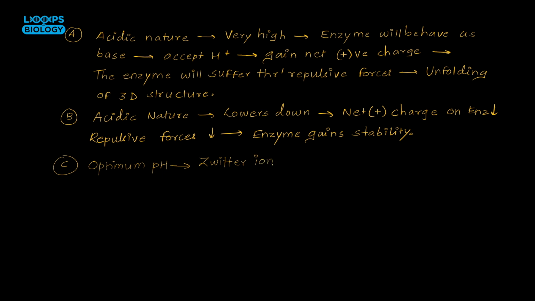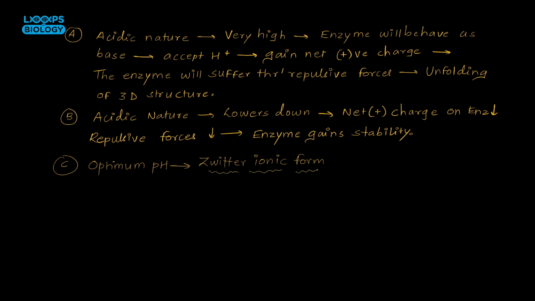If you are not well aware about this particular ionic form, please go and check my video on amino acids. Alright, so at optimum pH, the enzyme will show Zwitter ionic form.